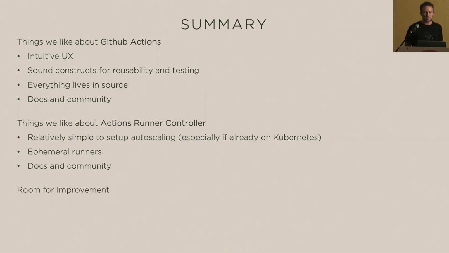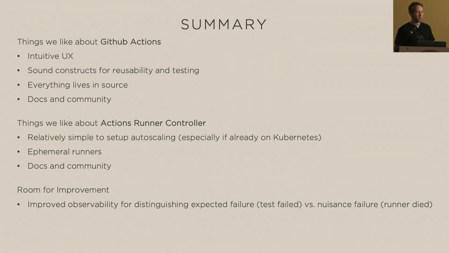And then obviously there's a little bit of room for improvement that we'd like to see or we'd like to help contribute to. One thing that would be nice is improving the observability for distinguishing these sorts of nuisance failures, like when a runner has died, compared to nominal failures like a test failing. Right now it's difficult to distinguish these in just the metrics.